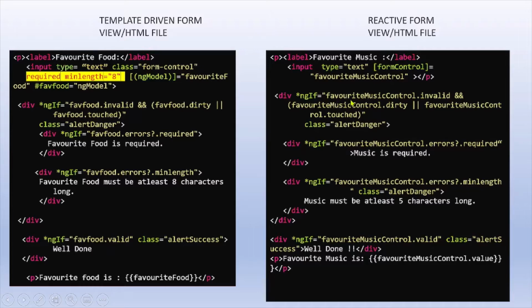And then we say if, and of course the name has to be the same. Yeah, we cannot change the name. And then of course we're using ngIf to check for invalid and again dirty or touched, in which case we have a styling class there and we check for which validation has not been met. I hope this is clear.